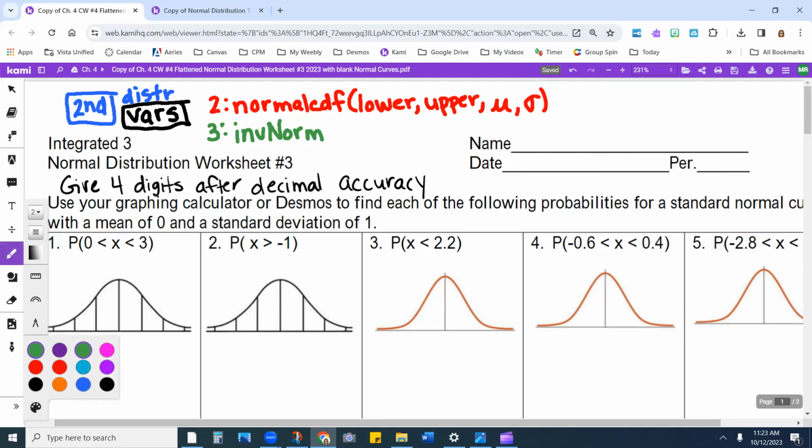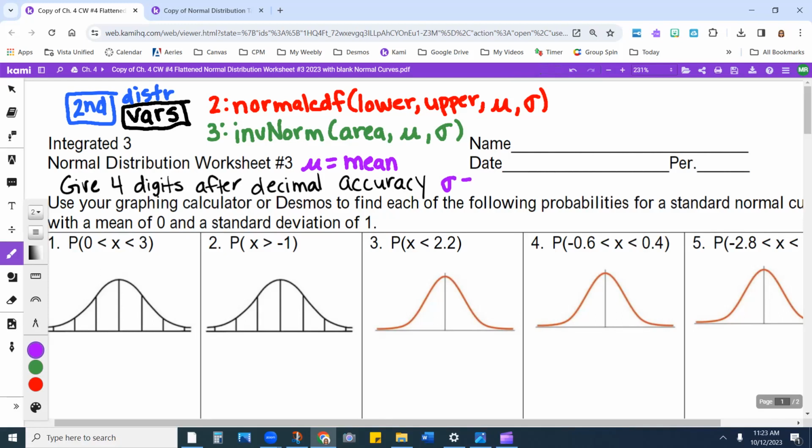When we're doing the inverse norm, it's going to ask us for the area, and then our mean, mu, and our standard deviation, sigma. So let me jot down: mu is equal to our mean, and sigma is equal to our standard deviation.